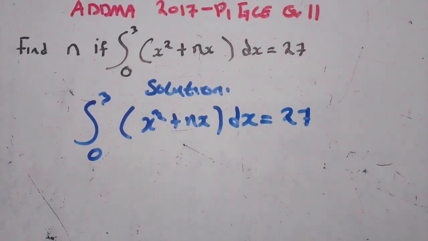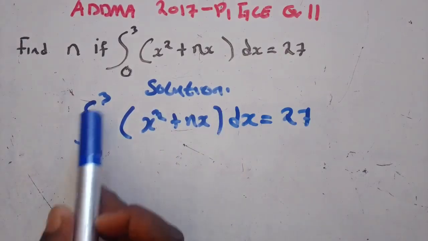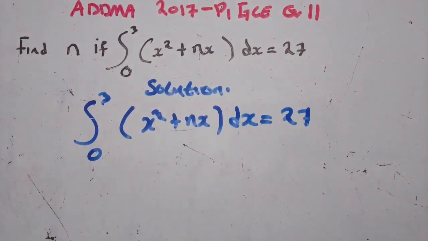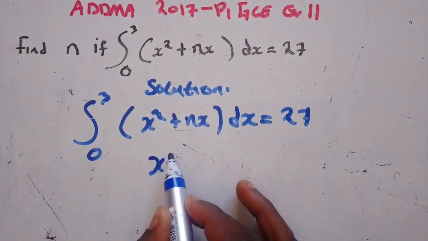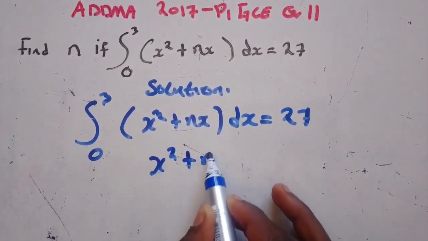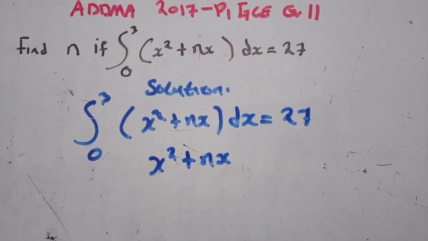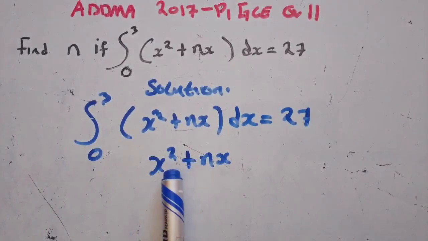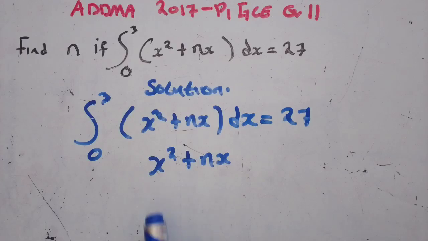So for now, let's deal with this part. We ignore the limits. Inside the brackets we have x squared plus nx. For us to take it back to what it was, we just add 1 to the power, then divide by the sum of the power and the one that you have added.